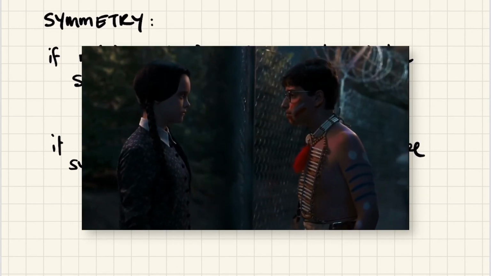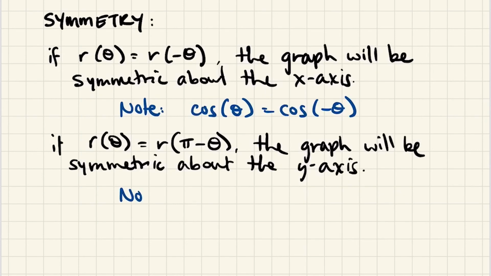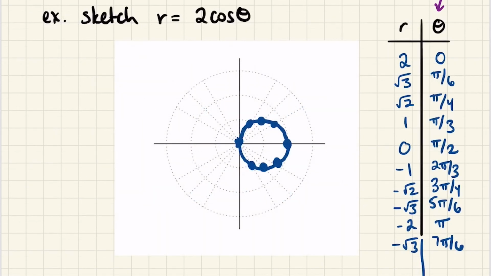Okay, now, probably no surprise that analogous to the comment above, sine of theta does satisfy this property. So if you have a function consisting only of sine of thetas, you're guaranteed to have that particular symmetry. Okay. If you look at this sketch of 2 cosine theta that we made earlier, indeed it is symmetric over the x-axis.